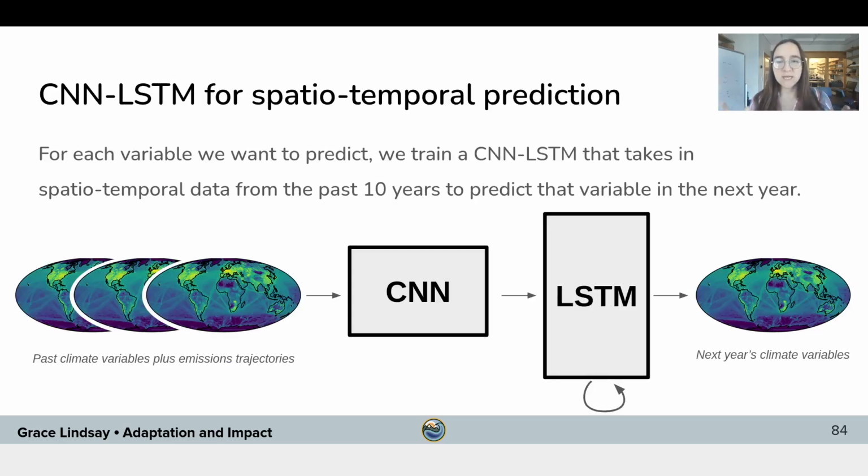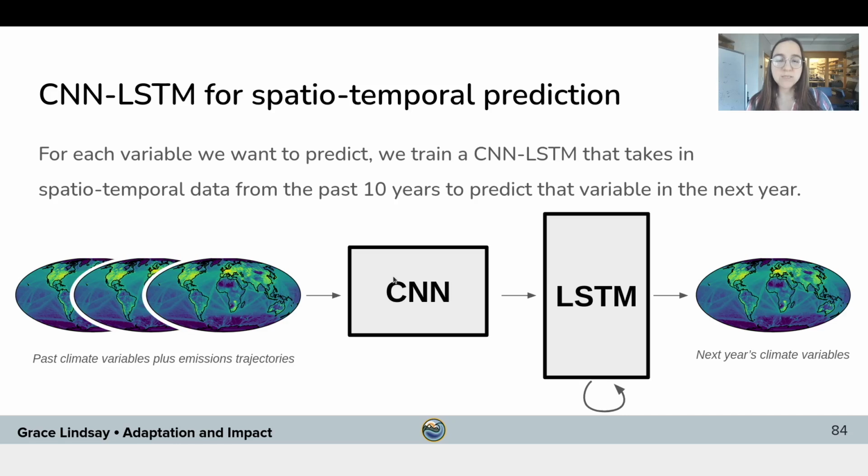So how does this all fit together? Well, when we want to be able to predict future climate variables, we have to pass in our past climate variables. So at each time step in this model, the information that we have about past weather for a given year, plus information that we have about emission scenarios, which also have a spatial component, gets fed into the convolutional neural network. So it's looking for patterns at one point in time for those spatial data, and then the output of that convolutional neural network, where we've identified certain features that we might care about, is passed into the LSTM.